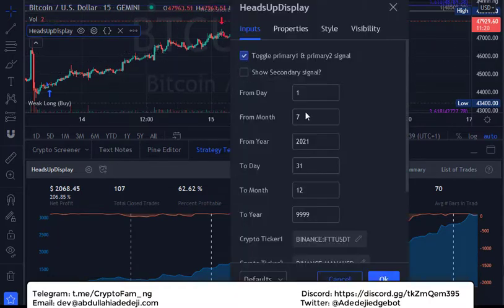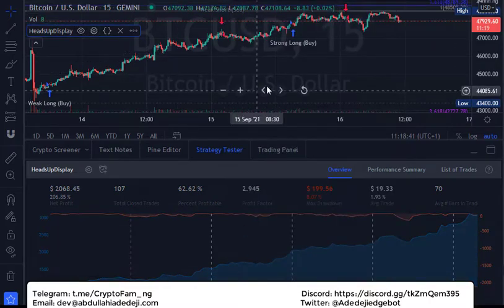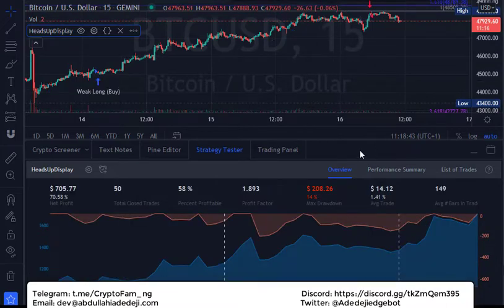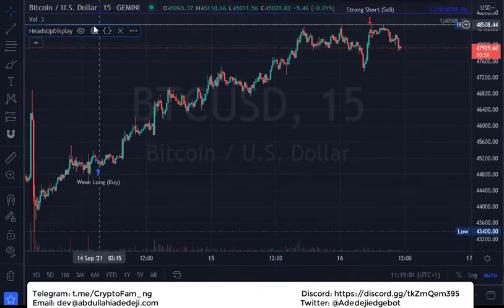Signal 1, on the other hand, in the same period would have taken 50 trades with 58% accuracy, 1.893 profit factor, and a net profit of 70.58. Drawdown is a lot more than that on primary signal 2, so I tend to stick to primary signal 2.